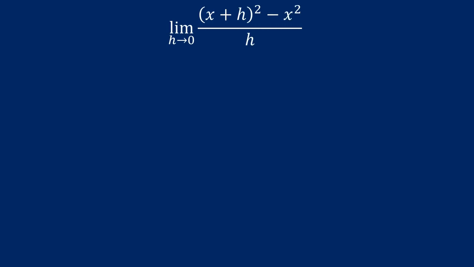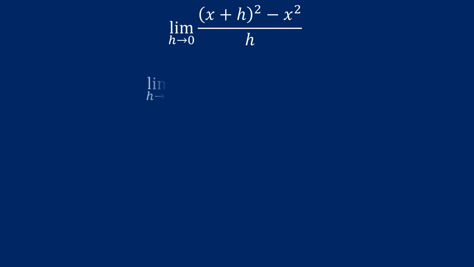The last thing I want to do before finishing off this video is just go through an example of what it's like to use one of these formulas to actually calculate the derivative of a function. So here I have the first principles of x squared, where x squared is my f of x. So I have the limit as h approaches 0 of x plus h squared minus x squared over h, because I plugged in x squared for f of x.